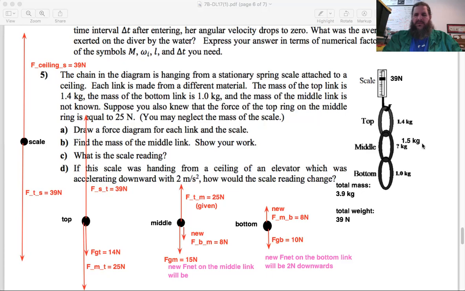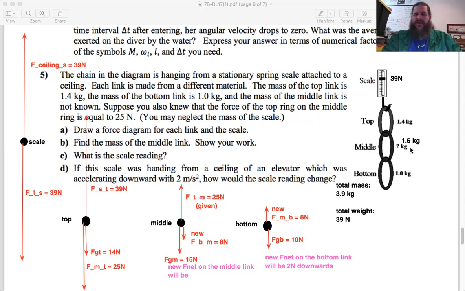We've got 1.5 kilograms of mass. What is this acceleration going to be? What is this whole thing accelerating at? Yeah, the whole thing is accelerating 2 meters per second squared downwards.